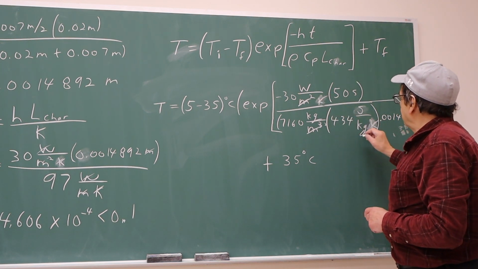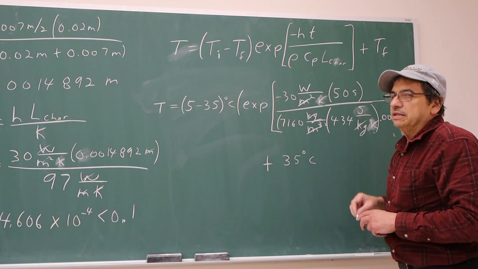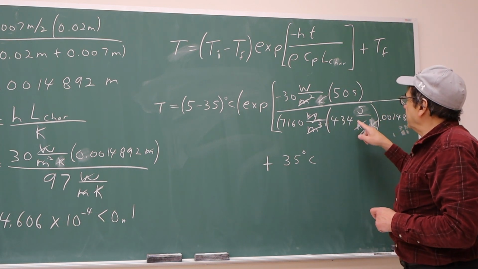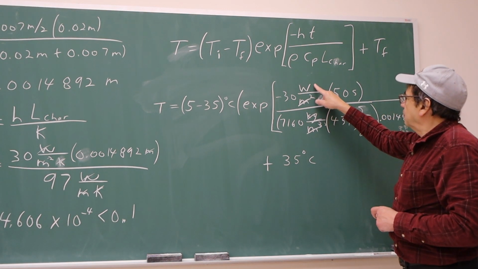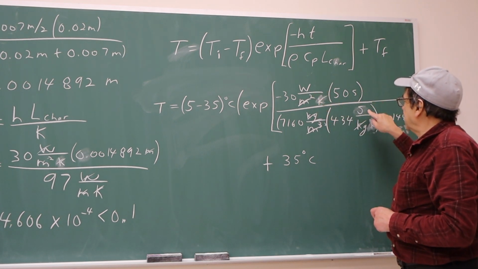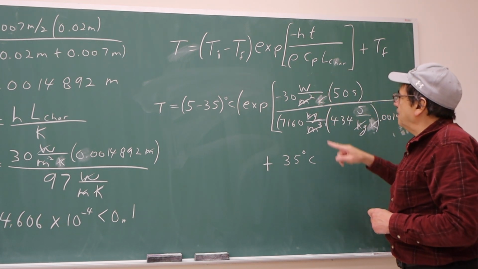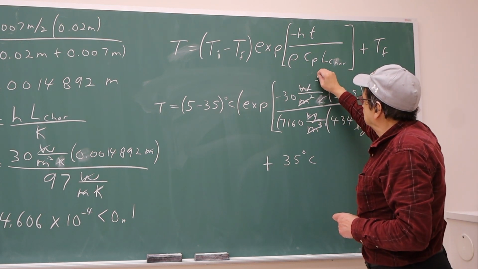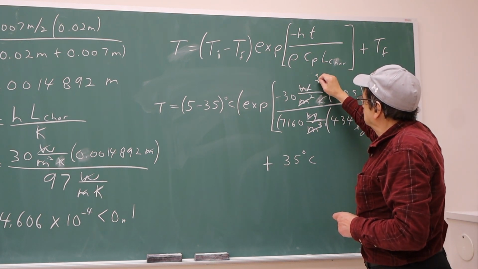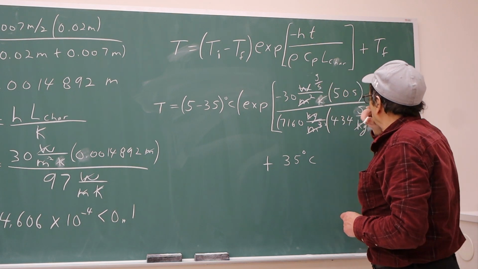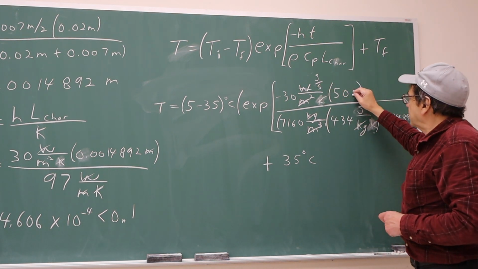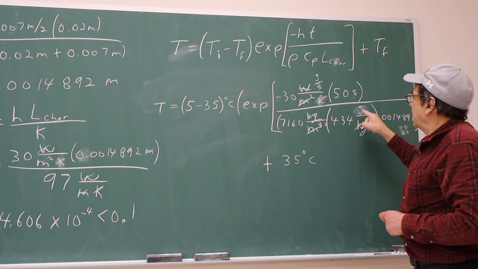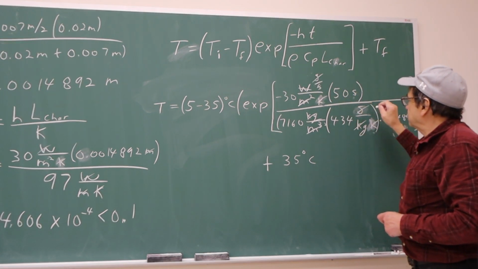And the kilograms are going to cancel. Now the only thing that's not going to cancel, we have watts here, and then we have seconds and joules. But of course, remember that a watt is a joule per second. And so the seconds will cancel here, and then the joules will cancel here like this.